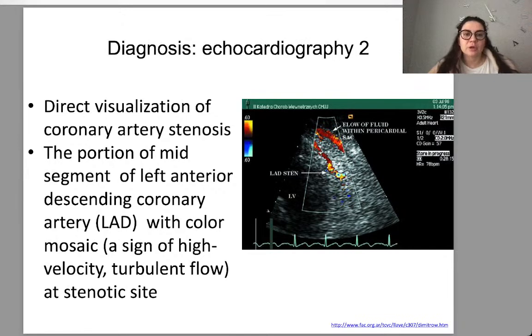It is a Doppler tool with direct visualization of coronary artery stenosis. You see by the lower arrow a portion of the mid-segment of the left anterior descending artery with color mosaic. It is a sign of high velocity turbulent flow, that is a sign of stenosis too. You see it by the upper arrow.